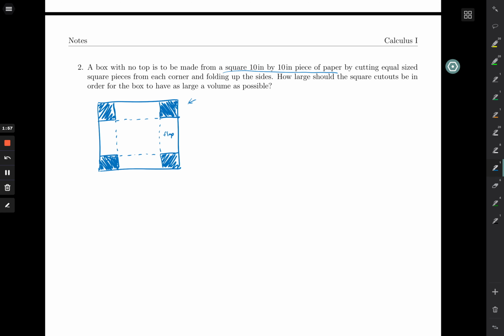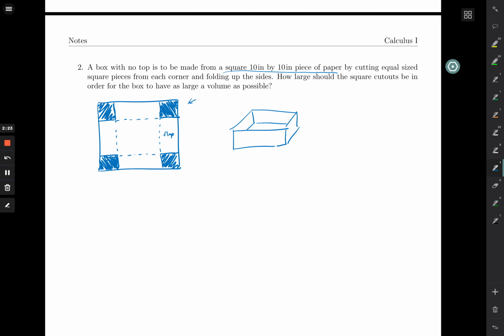You could just tape them together and form a box, right? So it would look something like this, and it would have no top, right? So we would get something that has a volume, right?